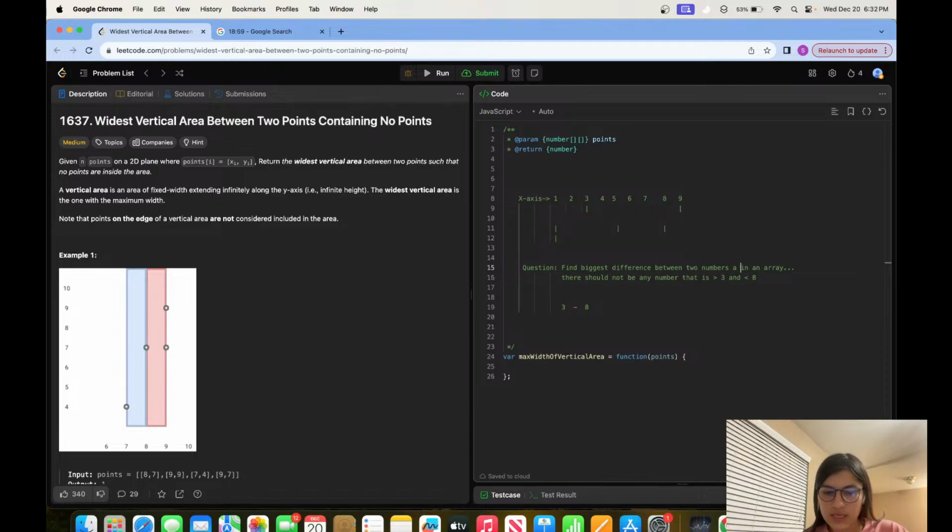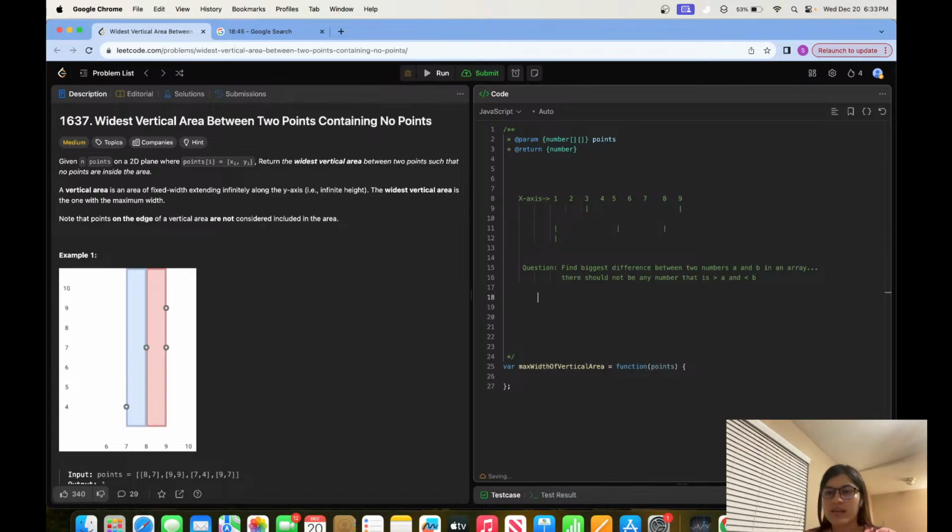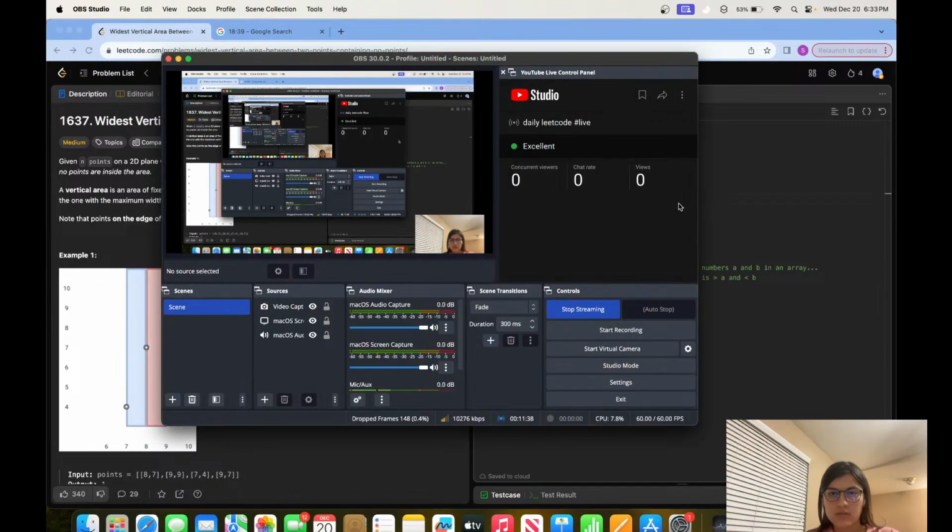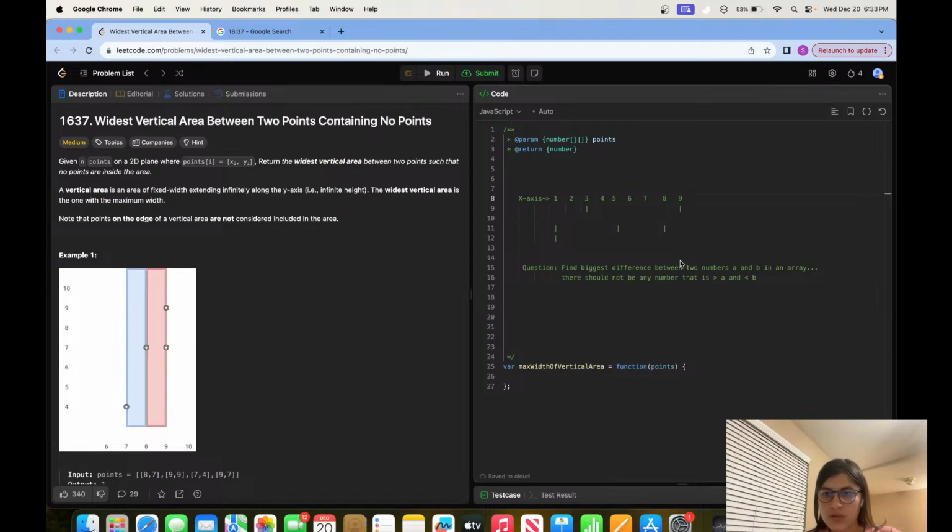Two numbers, you can say A and B, in an array. So there should not be any number between A and B. Yes. So this is the question that I need to solve. How will I find any numbers A and B? Biggest difference between two numbers A and B. There should not be any number between.